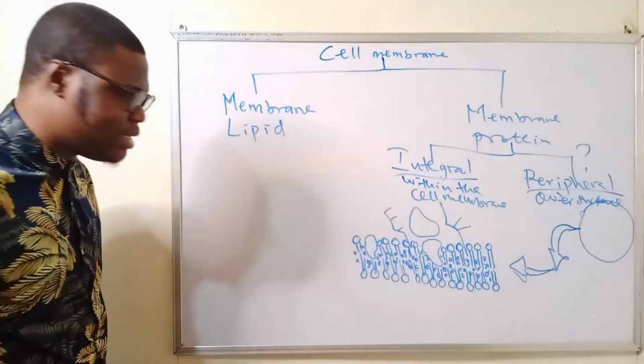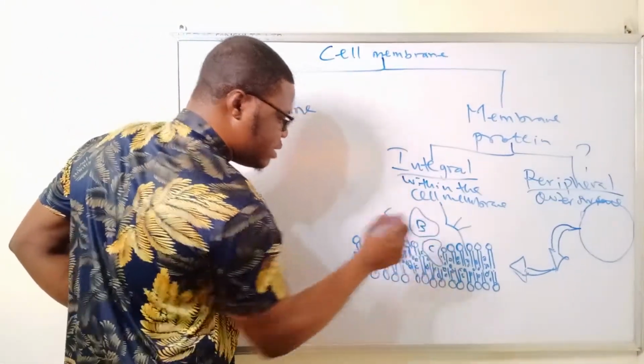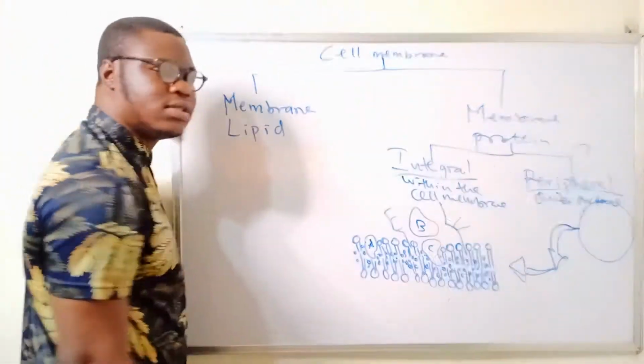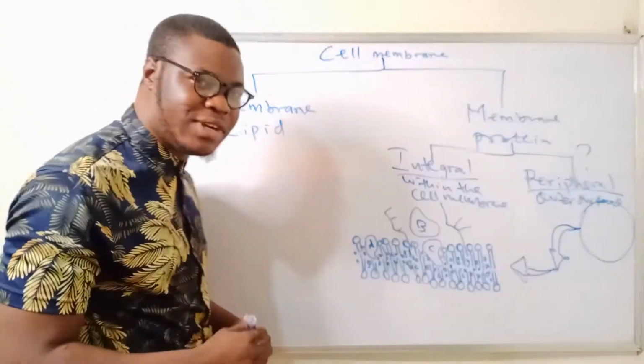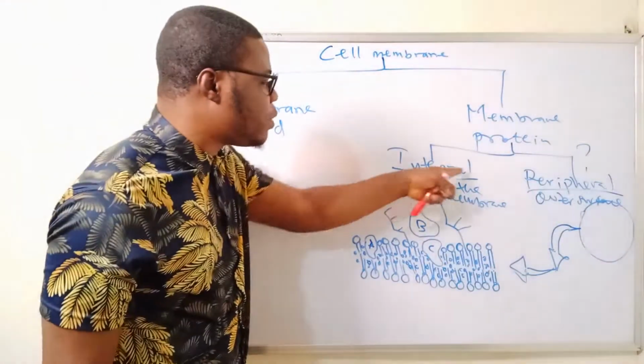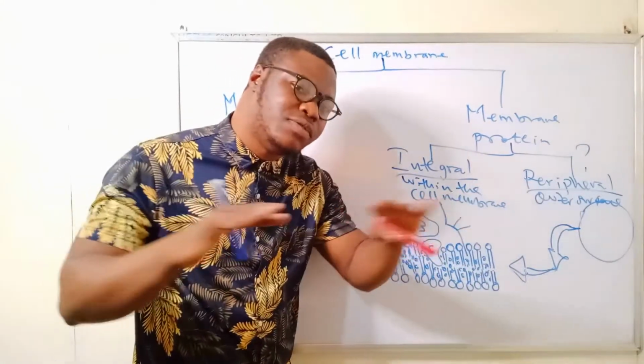Now, let me say A, B, and C are the membrane proteins. Which ones are going to be the integral and which ones the peripheral? We said the integral proteins are found within the cell membrane, while the peripheral are found on the outer surface of the cell membrane.